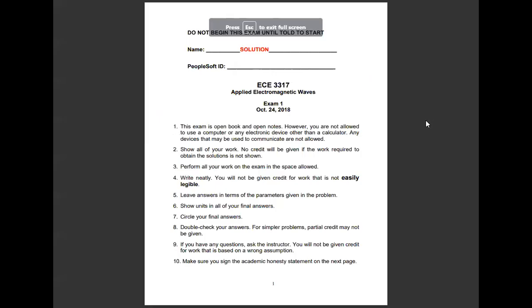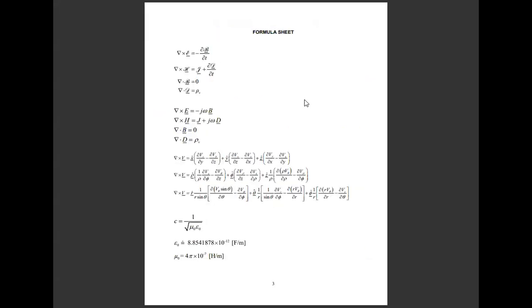Okay, which problem did you say? Problem 1, part B. Okay, and here are the solutions. If you can read that, okay.